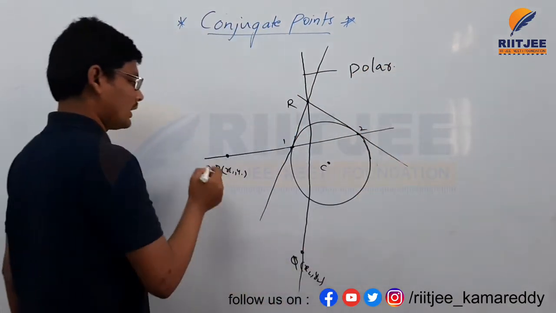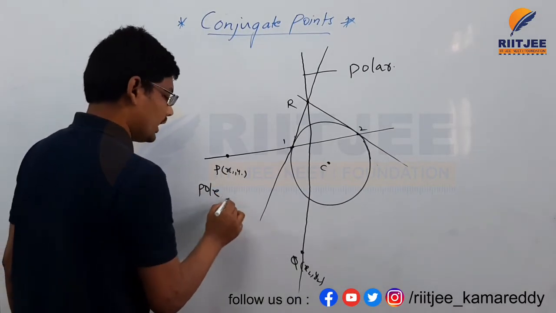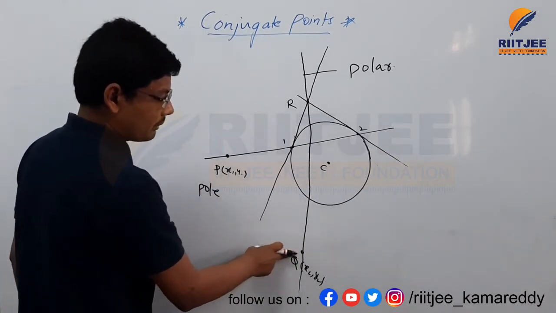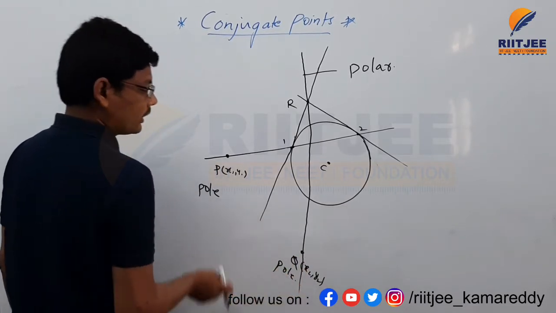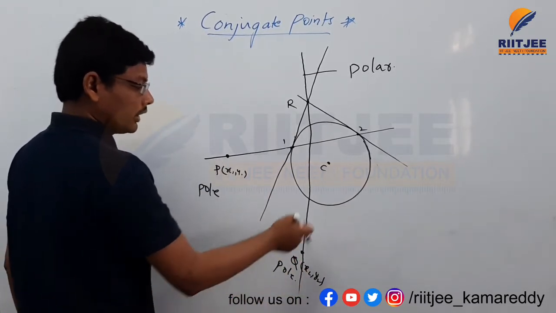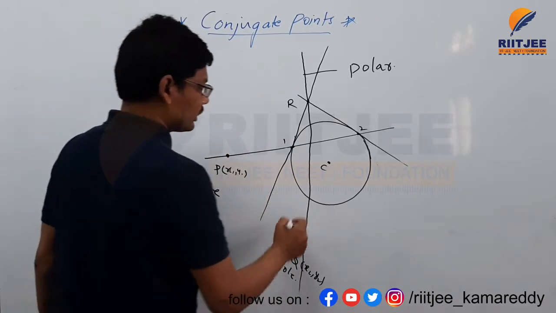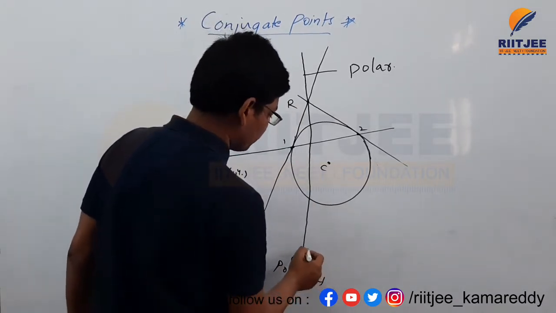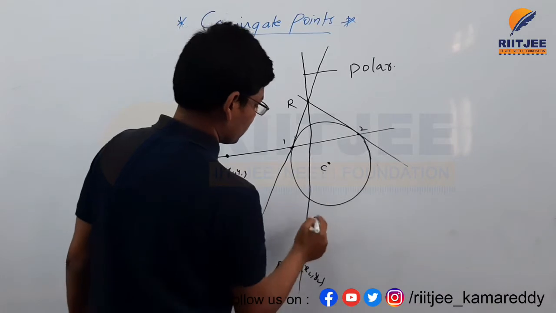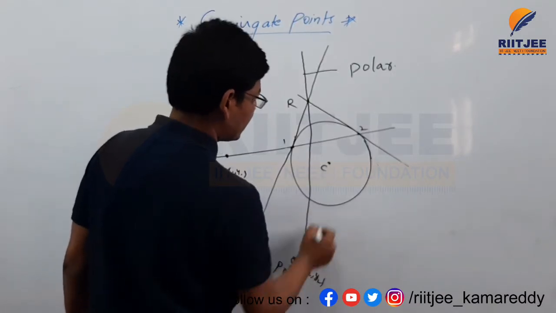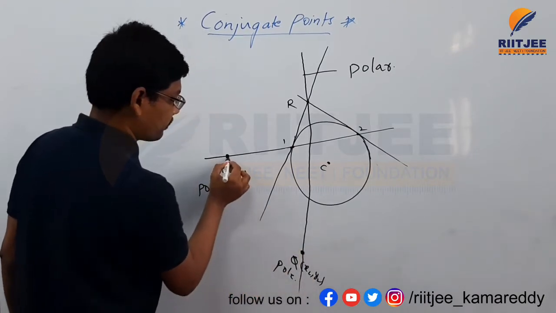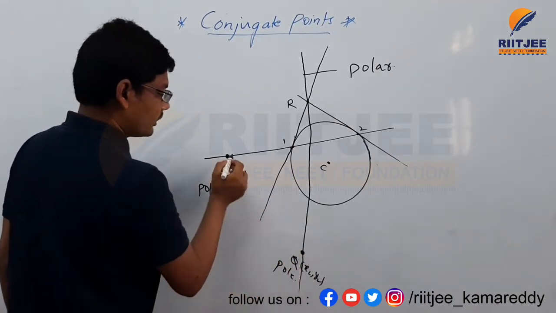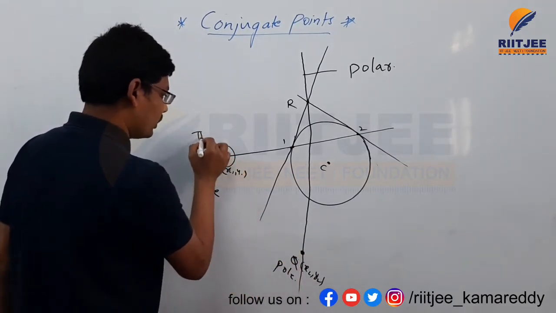This point is pole here, and this is also pole here. Here these two points, if you draw a tangent for this one, this is a pole here. This pole is this pole.